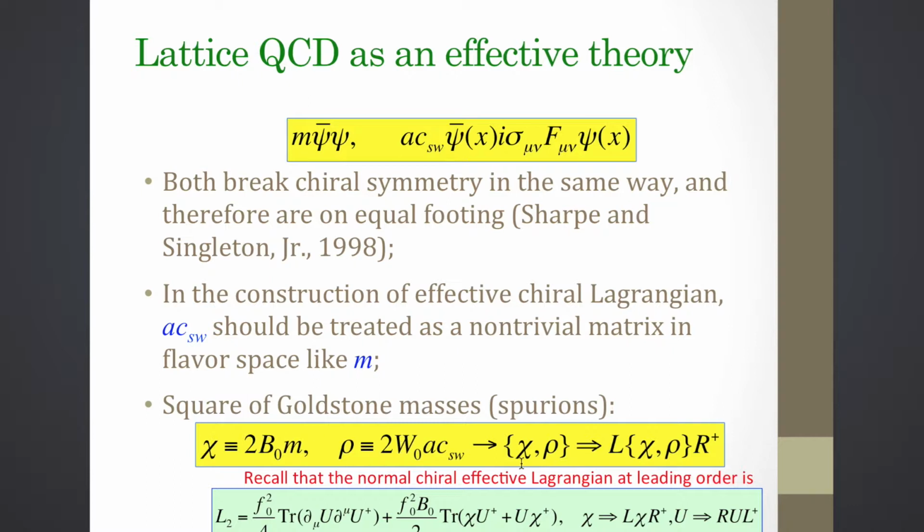The chi and rho will transform in this way to make the symmetry breaking terms symmetric. And the low energy constant B naught is the same as that in the continuum effective theory, while W naught is another low energy constant that should be fitted with the lattice simulations.